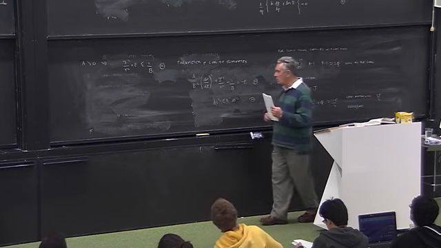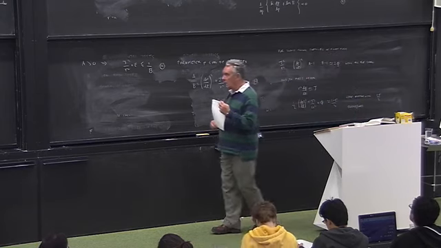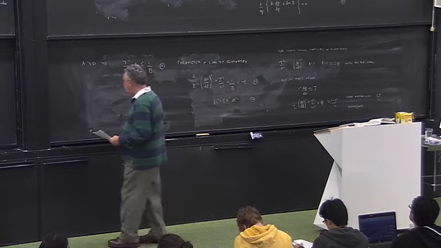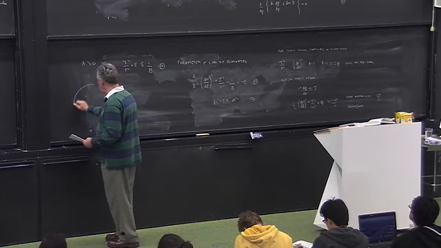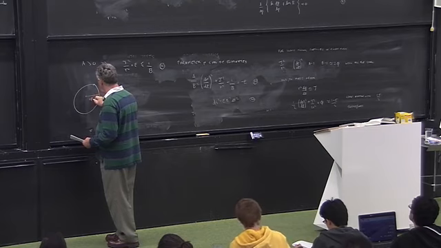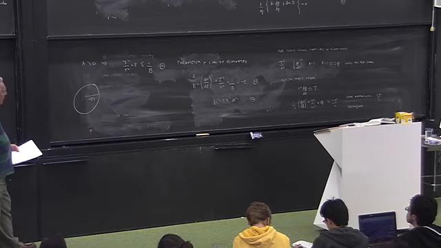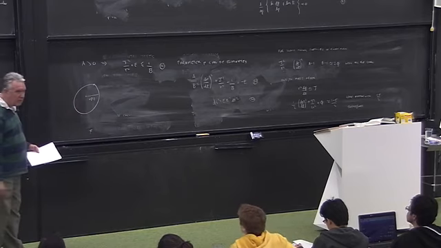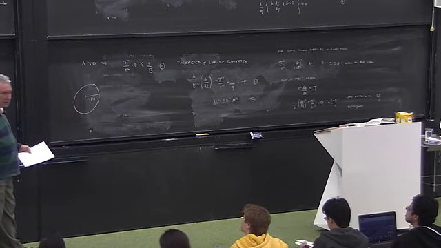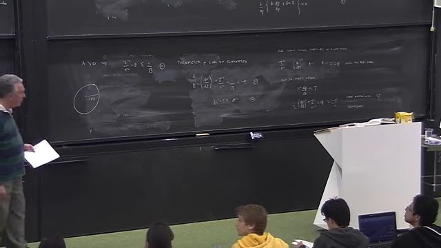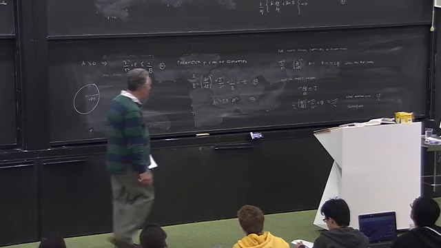Now, this is an equation for the planet going around the sun. I should have drawn that at the... Oh, I'm sorry.